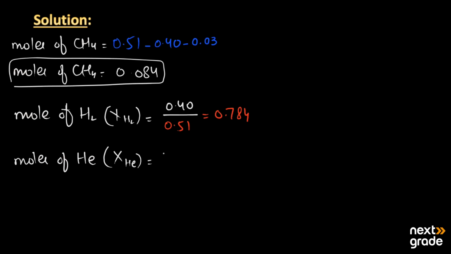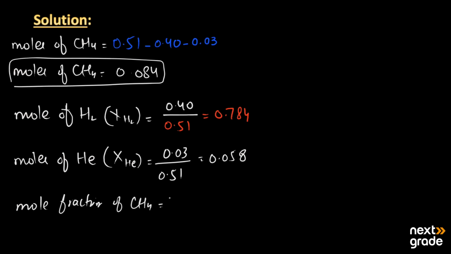It is equal to 0.03 moles of helium over total moles 0.51, and the answer is 0.058. Then we calculate the mole fraction of methane, CH4. It is equal to moles of methane, 0.084, divided by total moles 0.51, and we get 0.164. So these are the mole fractions of the gases.